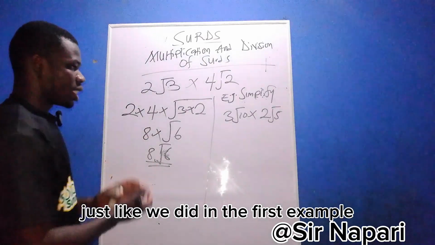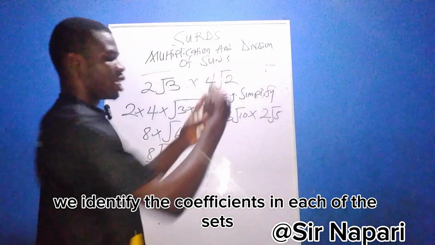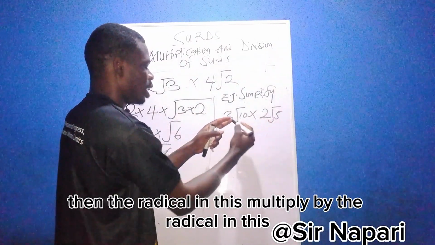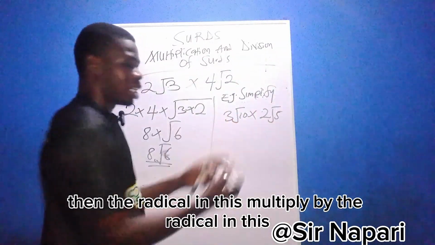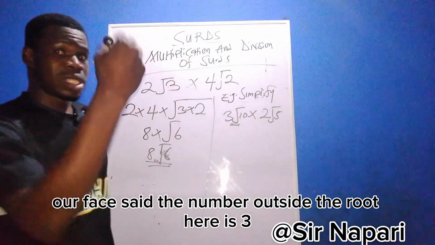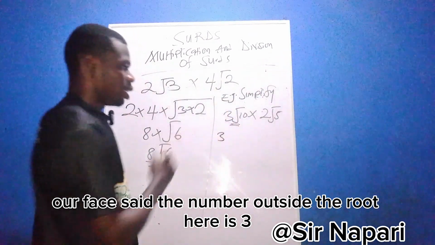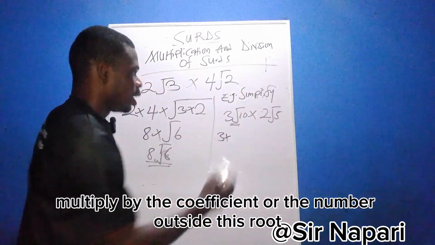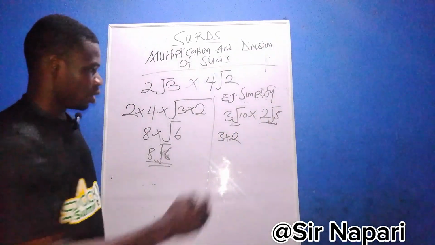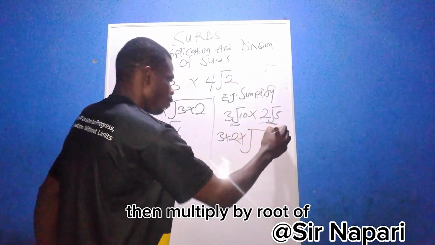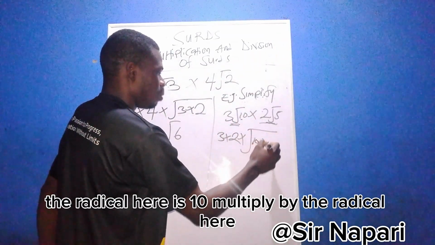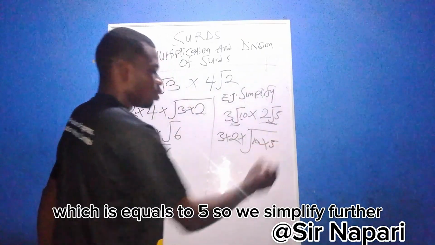Just like we did in the first example, we identify the coefficients in each of the surds. The coefficient in this multiplied by the coefficient in this, then the radicand in this multiplied by the radicand in the other. So the coefficient in our first surd, the number outside the root here, is 3, multiplied by the coefficient or the number outside this root, which is 2. Then multiplied by root of the radicand here, which is 10, multiplied by the radicand here, which is equal to 5.